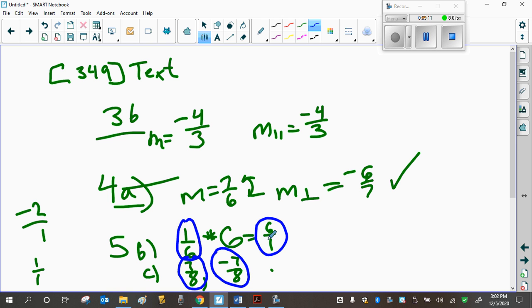This is reciprocal, but it's not negative reciprocal, so it's neither. If they were perpendicular, one of them would have to have a negative sign. Oh, here we go. One of them has a negative sign. Yeah, so what? They're not reciprocals. So this is neither as well, even though it kind of looks perpendicular because one has a negative sign, and it kind of looks parallel because they're almost exactly the same, but no. That's not good enough.